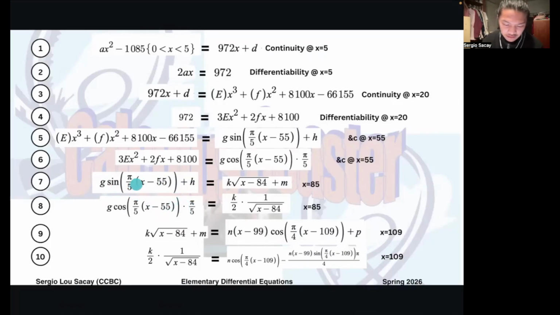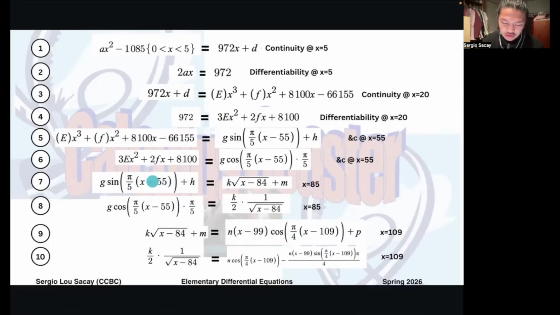So the derivative of this, so this is a constant. We can consider that after the derivative. So x minus 55, the derivative of x is 1, and then minus 55 is a constant, so 0.